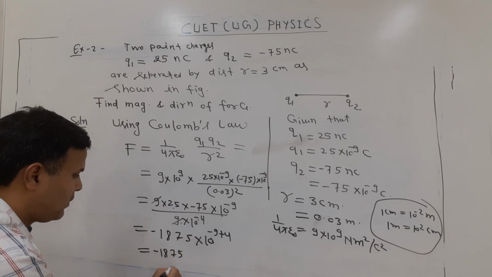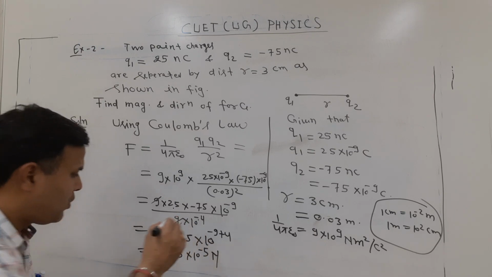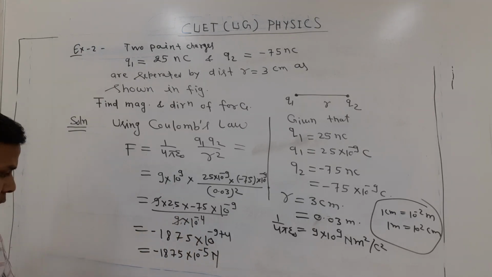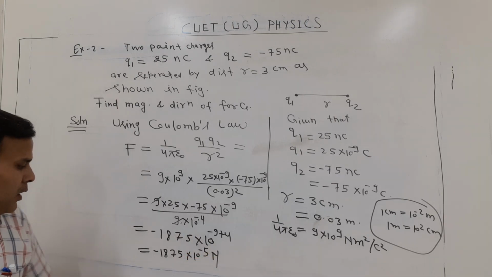This much force, which is 1875 into 10 to the power minus 5 Newton.